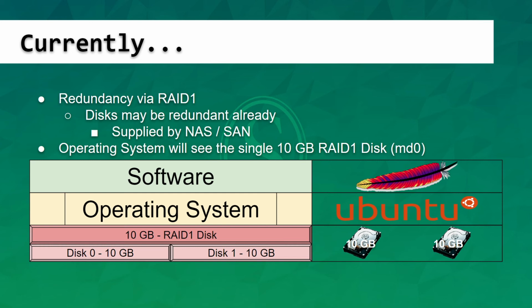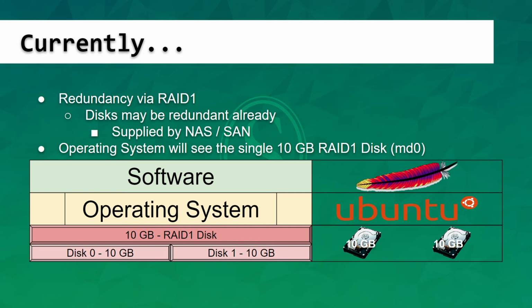I said in the previous slide that this isn't coming from a NAS or SAN in this example, but just understand that it's possible that whenever you get storage in an enterprise scenario, that storage may already be redundant and resilient, and putting RAID on top of resilient storage is sort of a waste, right? You're wasting more storage and you're not getting any performance because it's already resilient on the storage side.